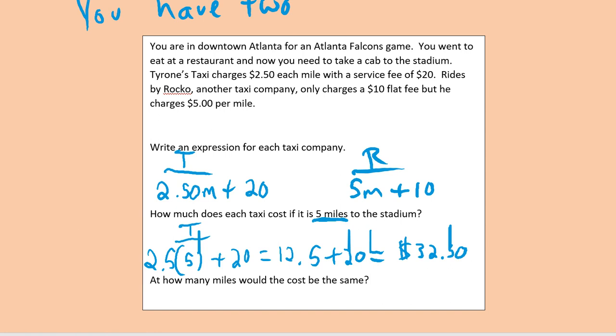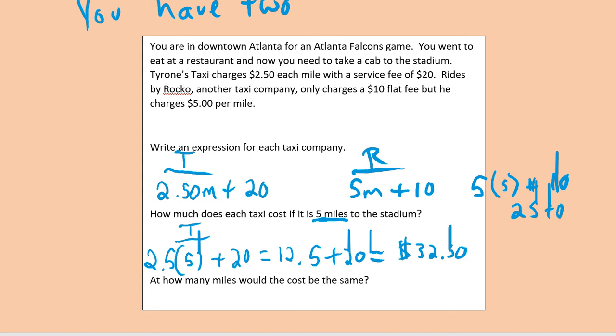Rocco, for 5 miles, you would say it's 5 times 5 plus 10. 5 times 5 is 25.